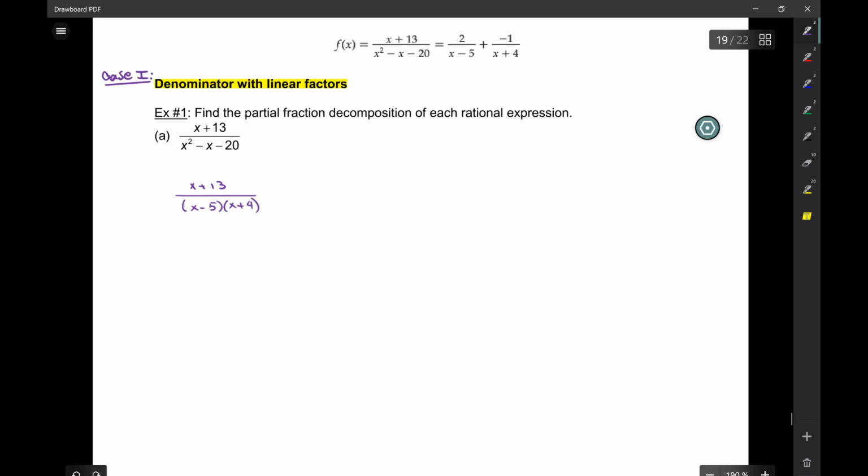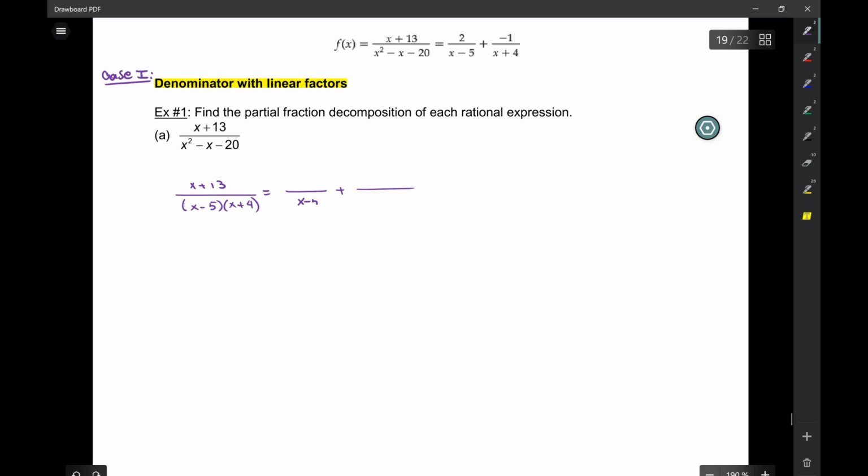Now, this fraction can be decomposed into two simpler fractions. Why two? Because you have two distinct factors here. So I can decompose it into fraction A and fraction B. So two fractions.